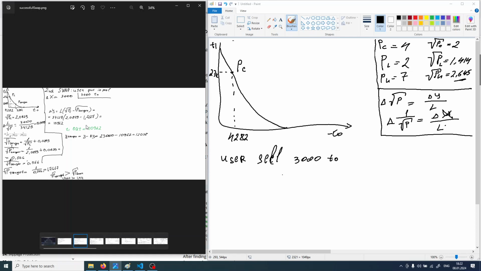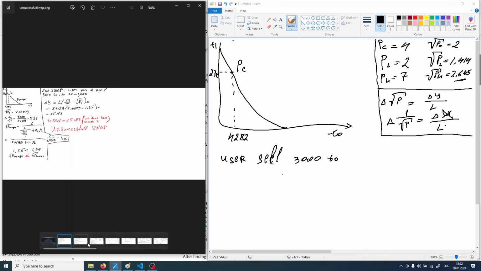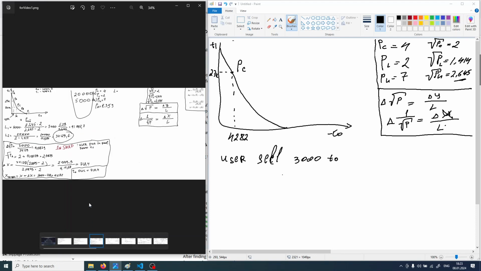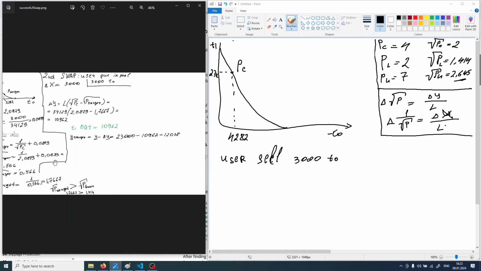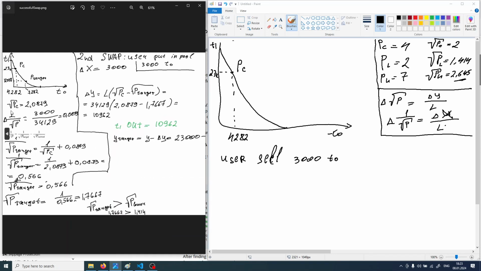And we just use this formula again and calculate. Yeah, we know it's the square root of the current price.